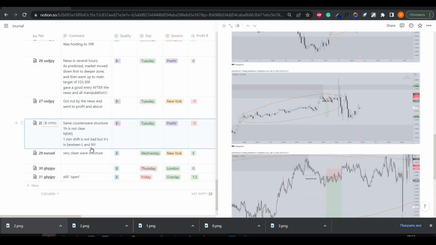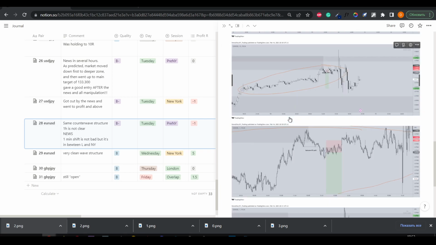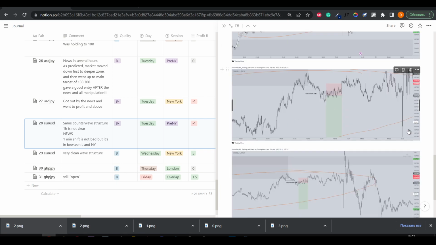In between London and New York, the 1 minute shift was not bad, but news was also coming out soon. You see, these are the news. So a really low chance that even if it ran, it would allow me to stay with the market.